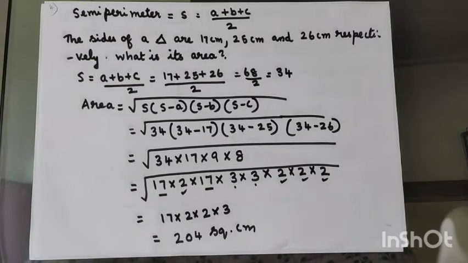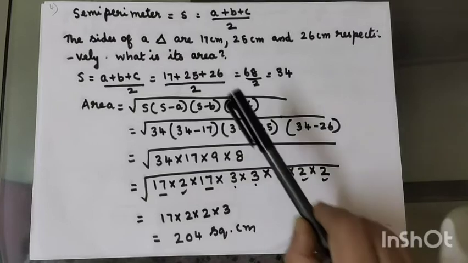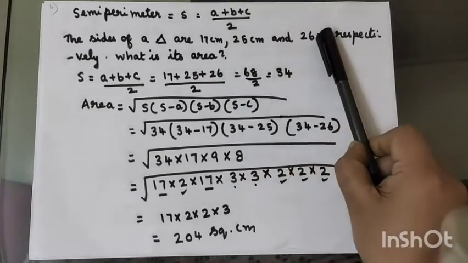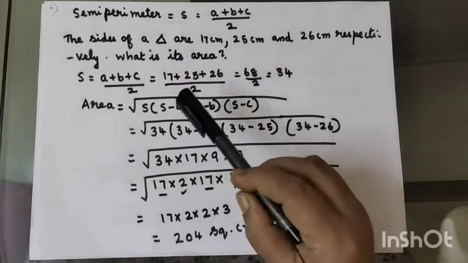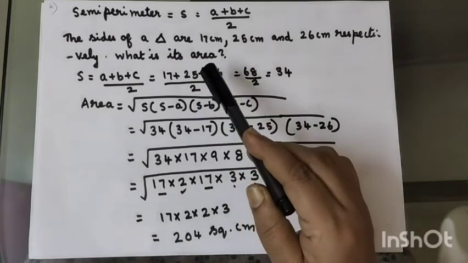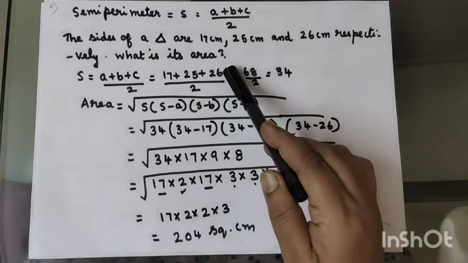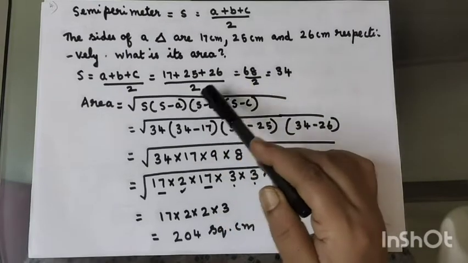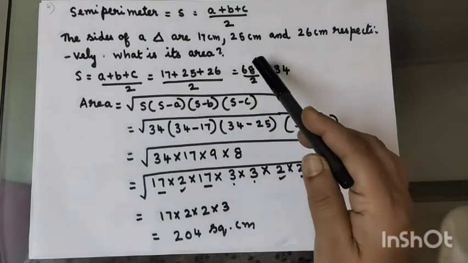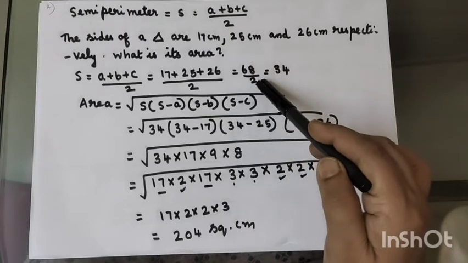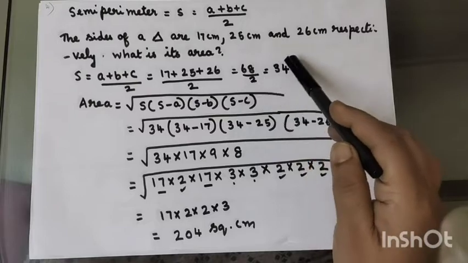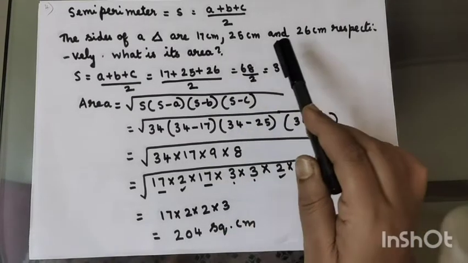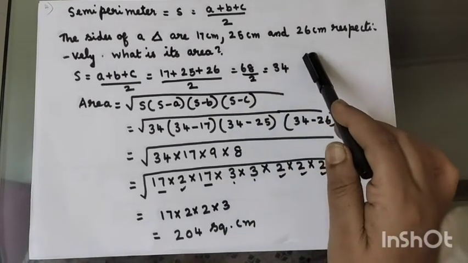Now what are the measurements given here? 17, 25 and 26. So we will substitute the values. 17 plus 25 plus 26 upon 2, that is equal to 68 upon 2, which is equal to 34. So this is the semi-perimeter.